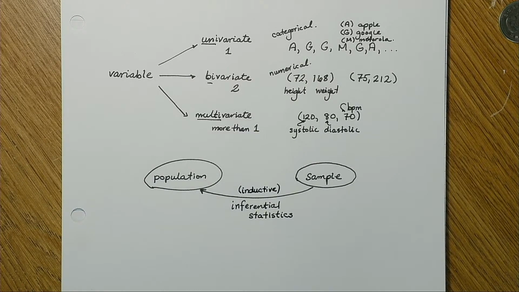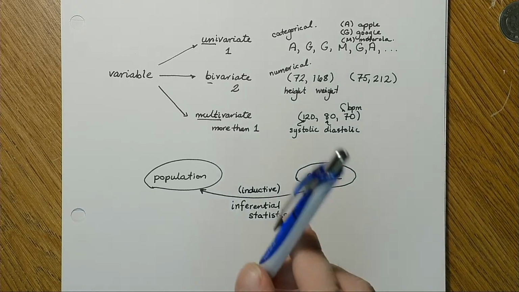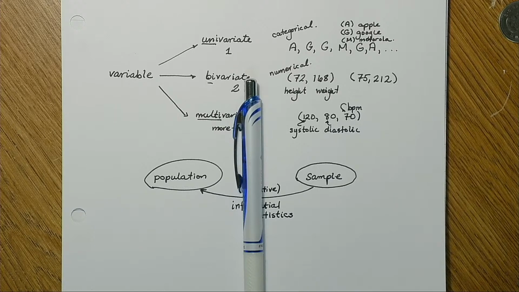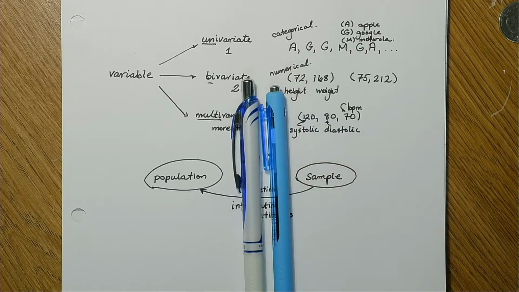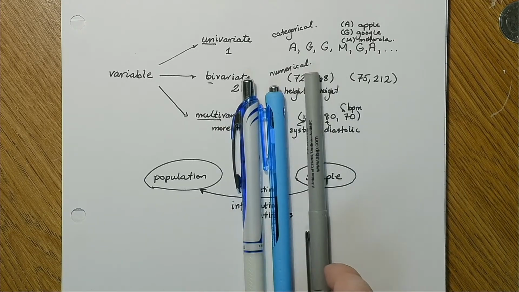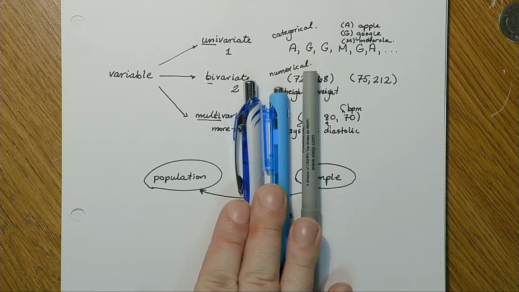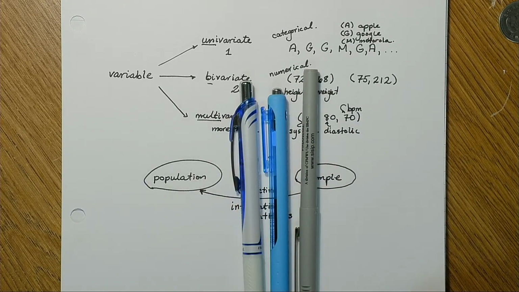So again, I have a collection of pens beside me. Here's a blue pen, and here's another blue pen, and here's another blue pen. From this, I would conclude that the entire collection of pens that I have, my population, the things that I'm interested in, are all blue.